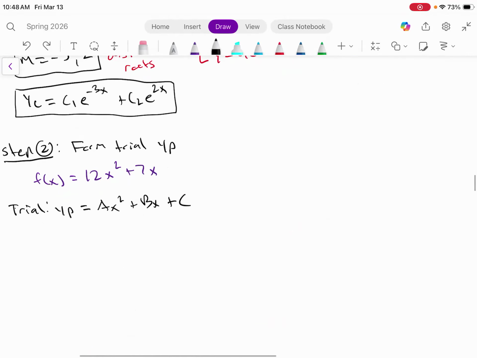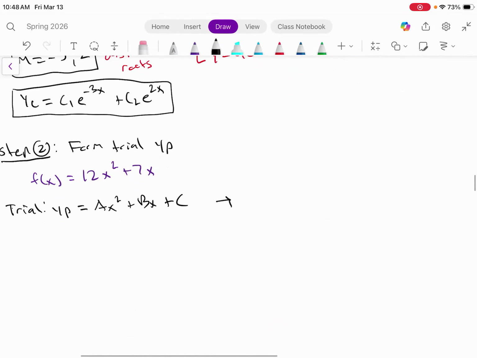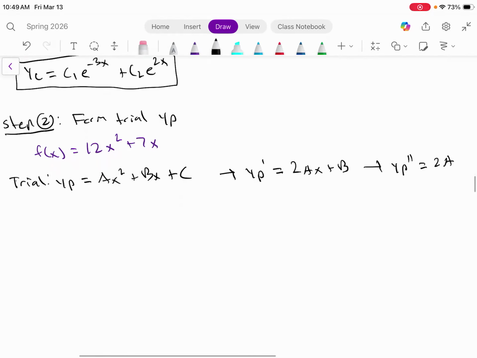So I need to figure out what yp prime and yp double prime are. Pretty straightforward. The first derivative is just a quadratic derivative, so it'd be 2ax plus b. And then the second derivative, yp double prime, would be 2a just by itself. So that's step two, just a quick step.